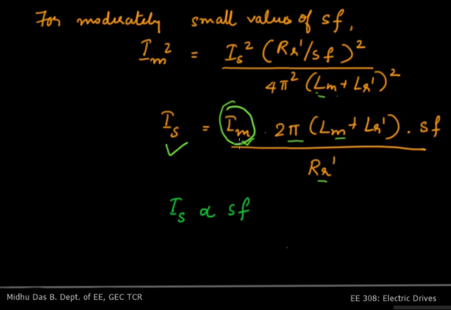If you want to maintain this Im constant, then Is has to be proportional to SF. Or the closed loop control has to do one important function, that is, in order to maintain this Im constant, this Is by SF has to be maintained constant. So that is what is done using the closed loop control.